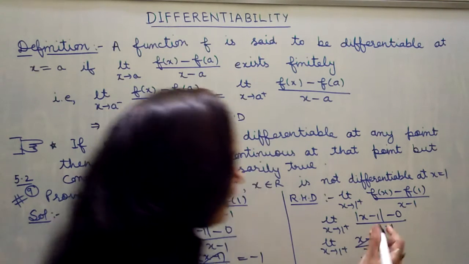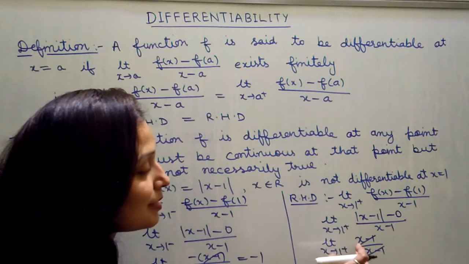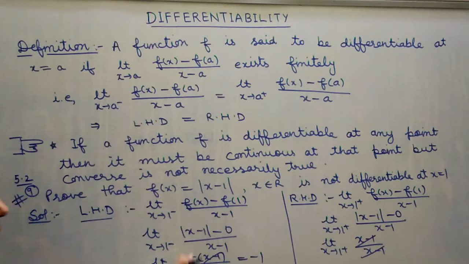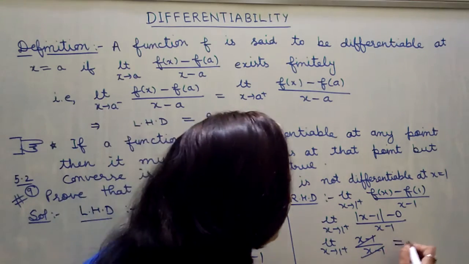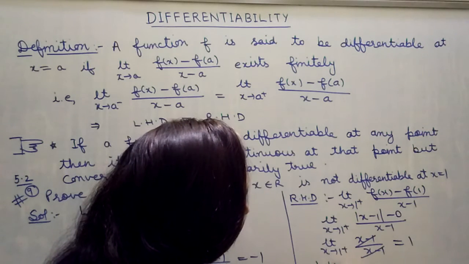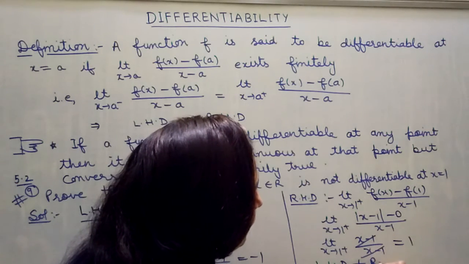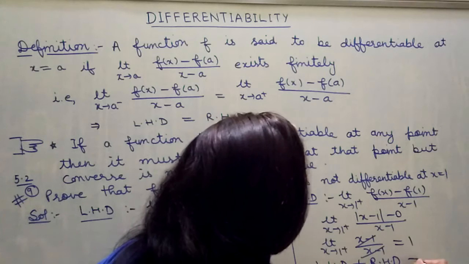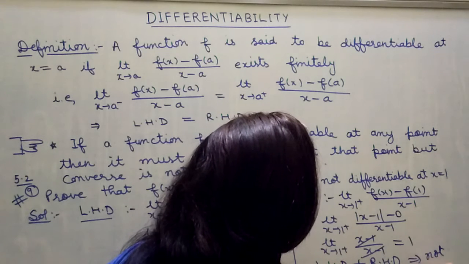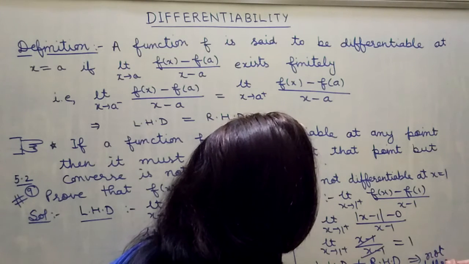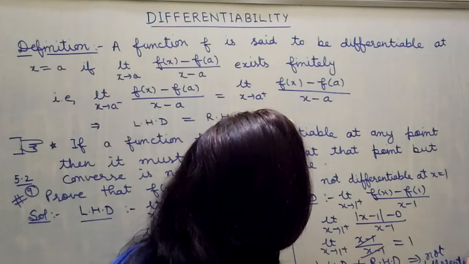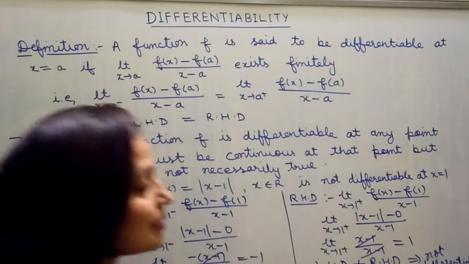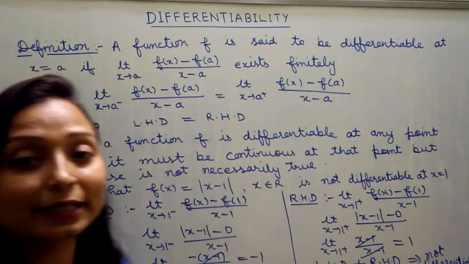These both cancel. The modulus function for 1 positive is positive, and for 1 negative is negative. That means its value equals 1. Left hand derivative is not equal to right hand derivative, which implies not differentiable.